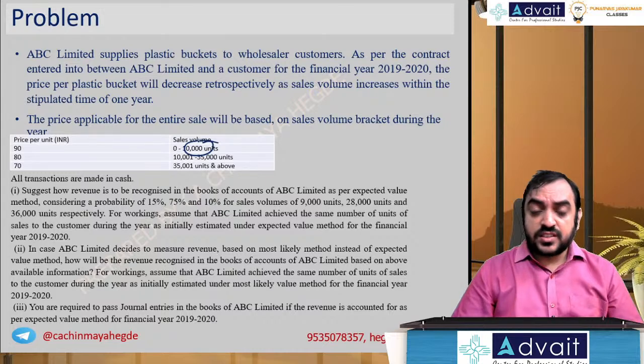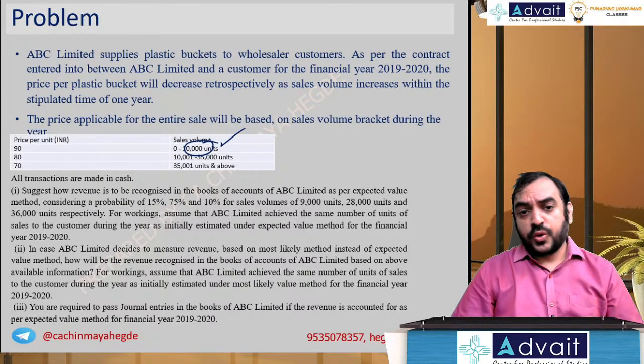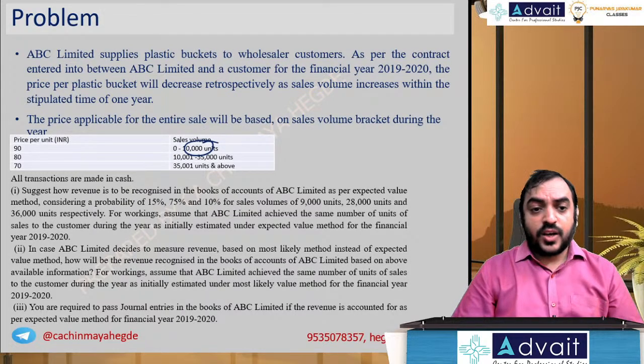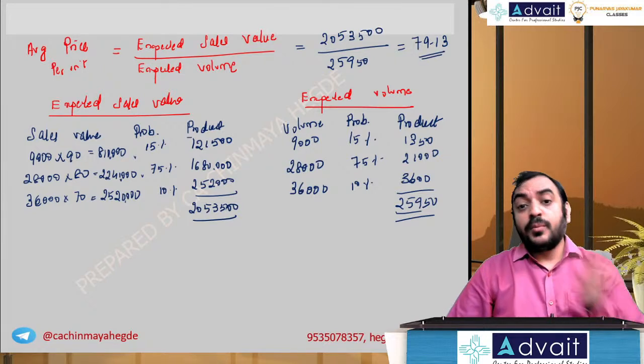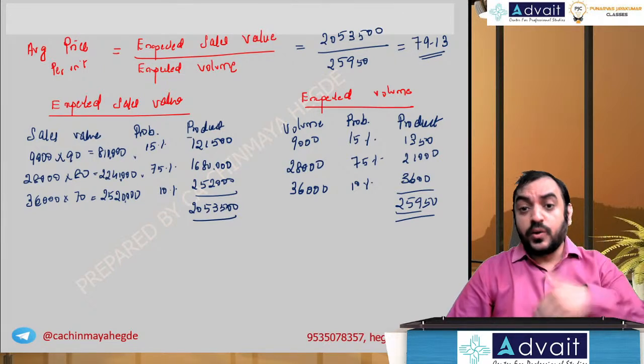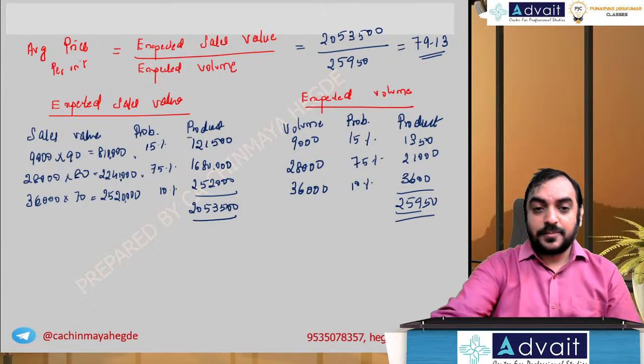But when you sell the first 10,000, you receive 10,000 into 90 rupees. But out of 90 rupees, you recognize revenue of only 79.13. The remaining you take as advance. That is, you will recognize it when you sell the next time. Okay, so take a look at this. See if you're able to understand.